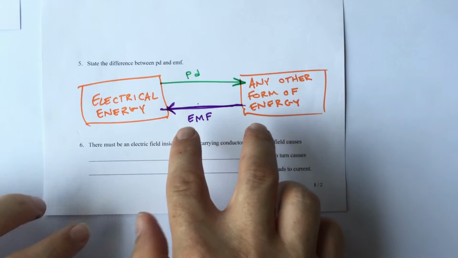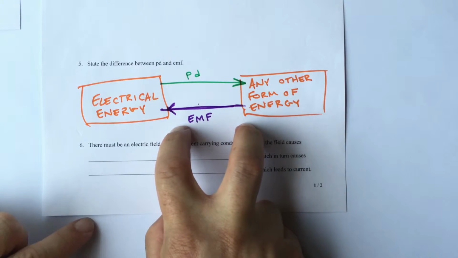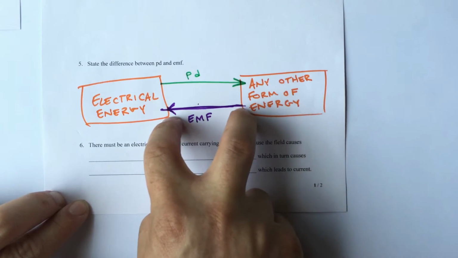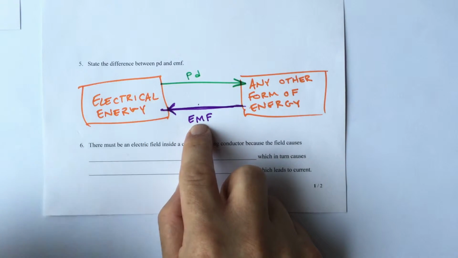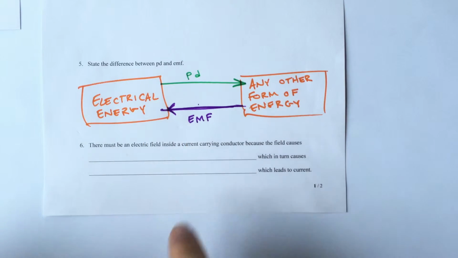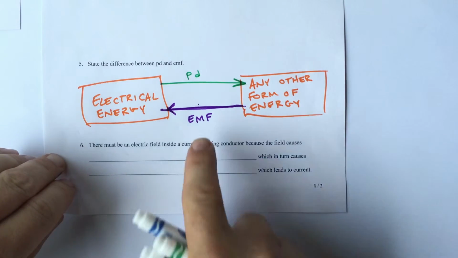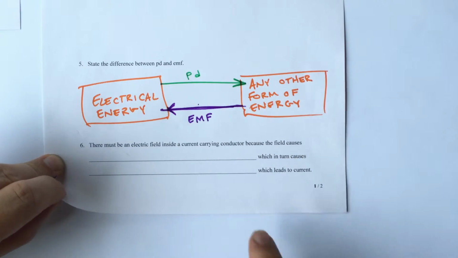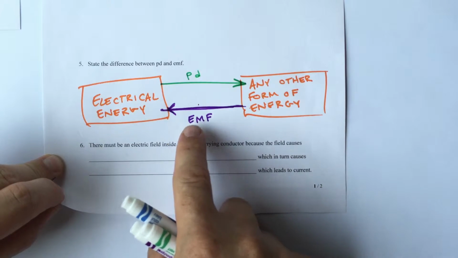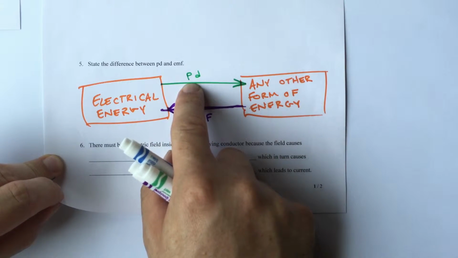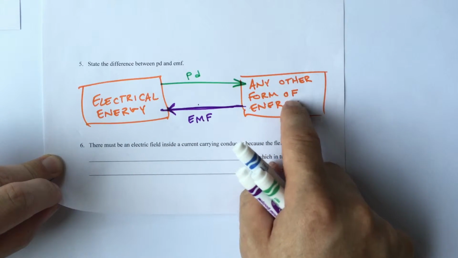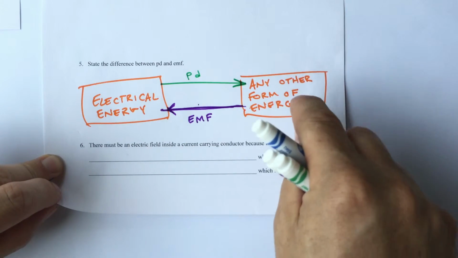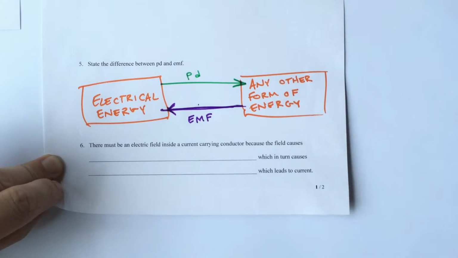And if you measure the potential difference across that, if you measure the voltage across the battery, you would be measuring an EMF. All right. It's a little bit confusing maybe, but this is the gist of it: a PD is the difference in potential from electrical to any other form, and an EMF is any form into electrical.